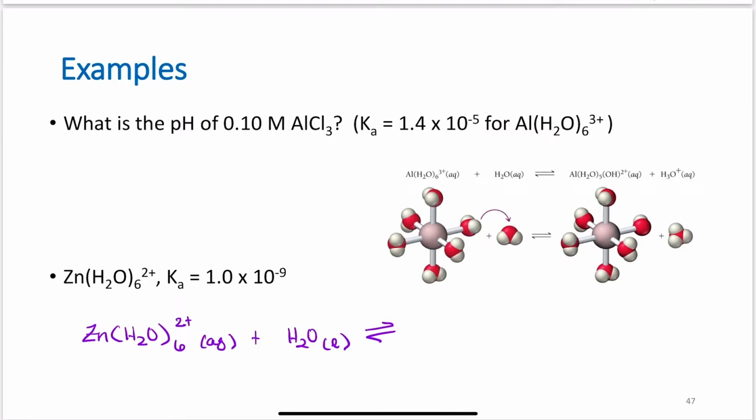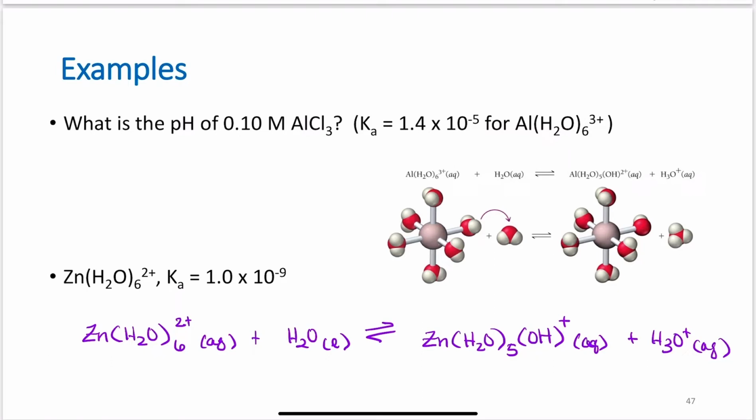Now again, what's happening here is that this zinc is polarizing that bond between the oxygen and hydrogen so strongly that a different water molecule can come along and easily pluck away that proton from one of those waters, leaving behind zinc with only 5 water ligands and a hydroxide ion. But when it does that, it's going to leave a +1 charge instead of +2, and then H3O+.